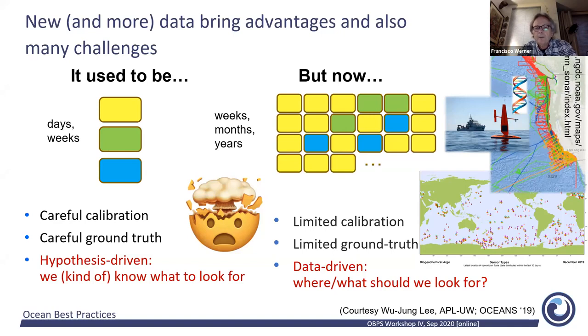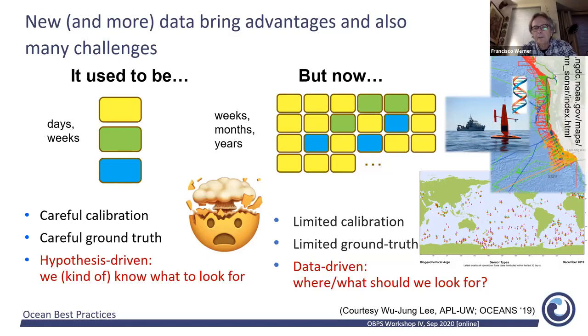Now, I think we all realize that the world is exploding in terms of our capabilities. And so now we have all of these boxes happening all at once. There's limited calibration sometimes, limited ground truthing, or perhaps not fully ground truthing. And the question also then becomes not just hypothesis-driven, but also data-driven.